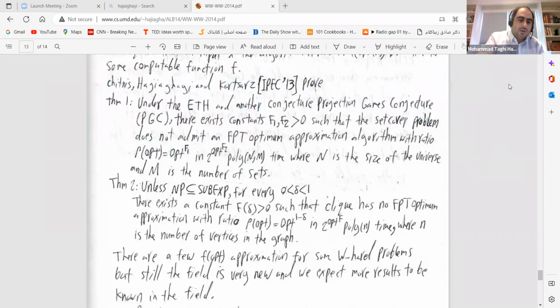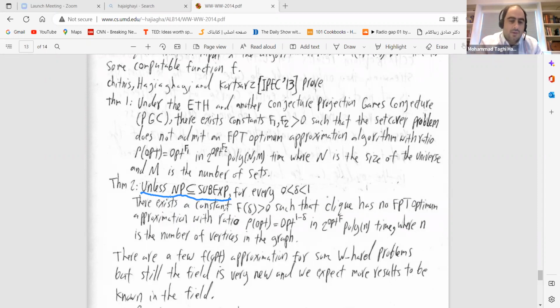So what do we say? Assume, unless NP is sub-exponential, which is essentially very similar to ETH.